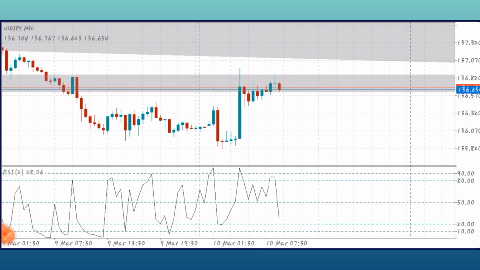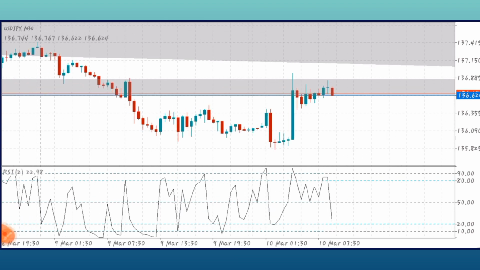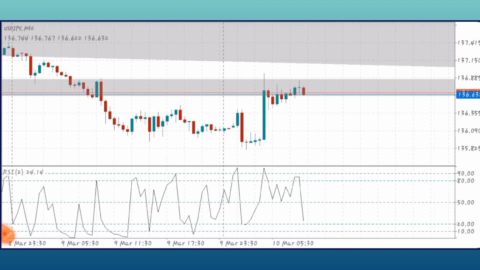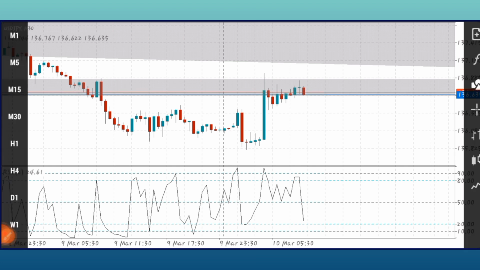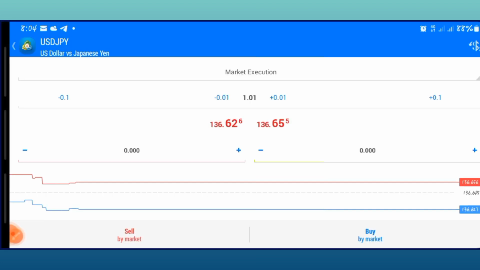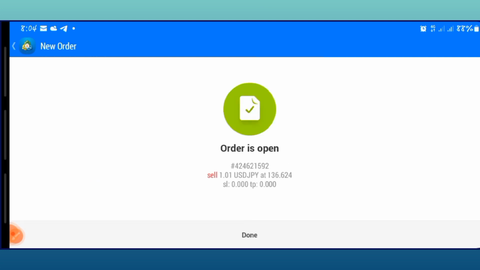However, I'll be expecting a reversal back to the significant zone, but before then I can take my profit before having the reversal. But at this point I am convinced that this market will move down, so I make my entry instantly.